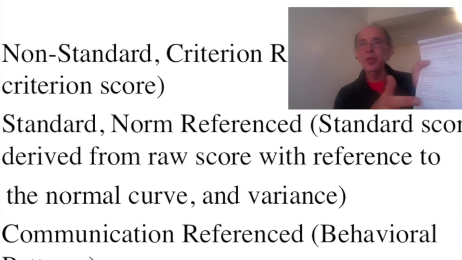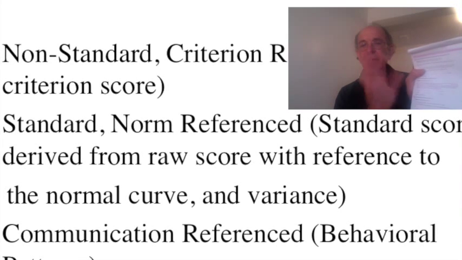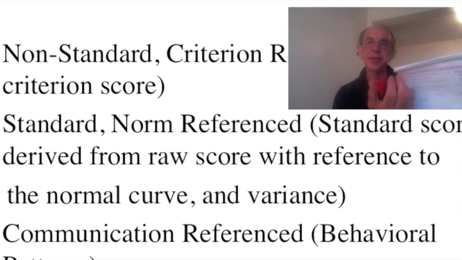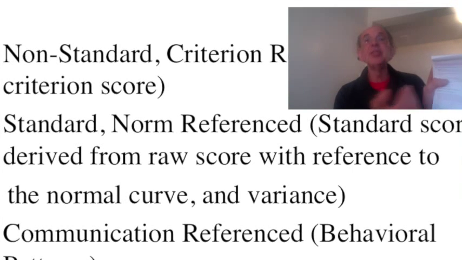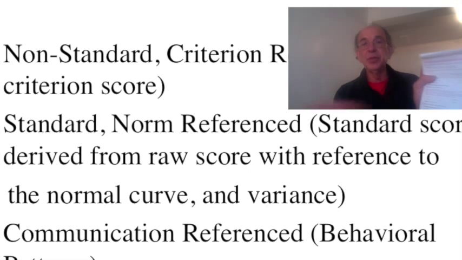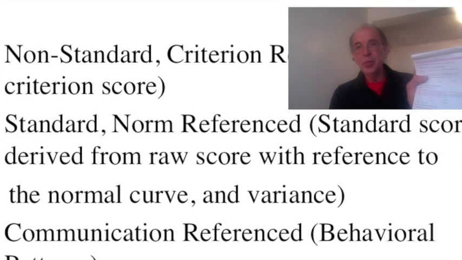And that point we call, in norm reference assessment, I keep saying standard, which is the data collection procedure, but standard data collection does typically go together with norm referenced assessment. So the standard data collection I'm doing usually is accompanied by norm reference scoring.